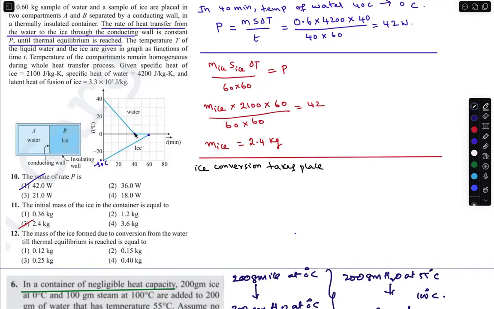Till here, water came down to 0 degrees centigrade. So, what's happening over here? Ice conversion takes place in this 20 minutes. Means some water is converting, freezing to ice, from 40 minutes to 60 minutes.